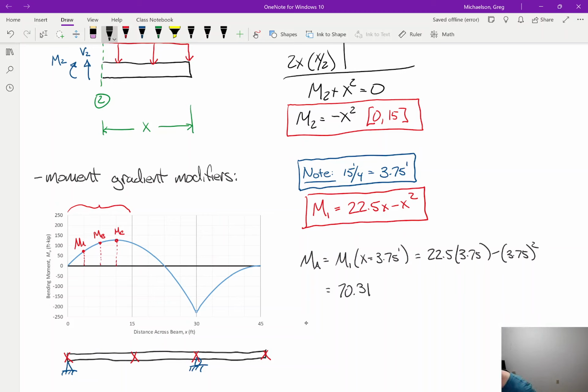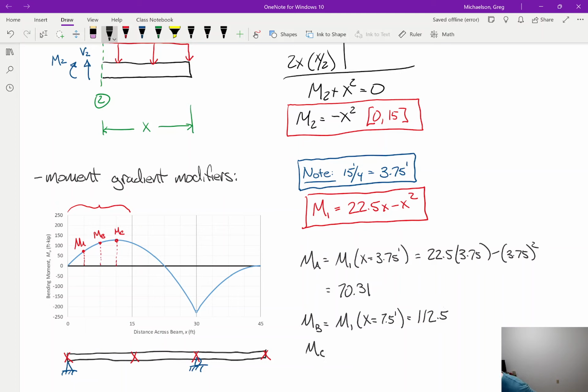So MB is going to be M1 at x equals 7.5 feet, which is 112.5.